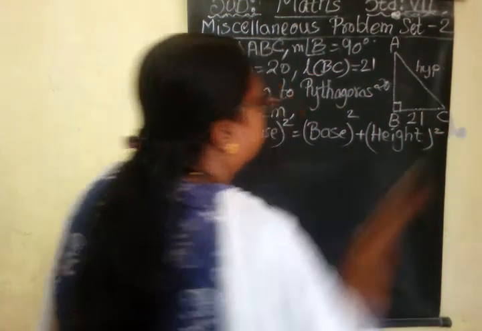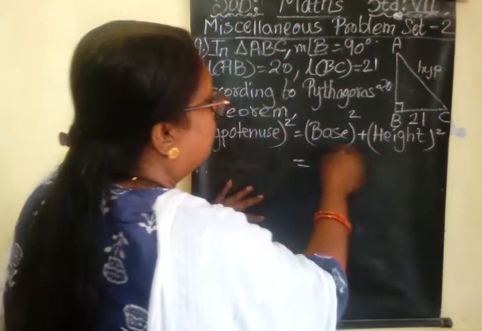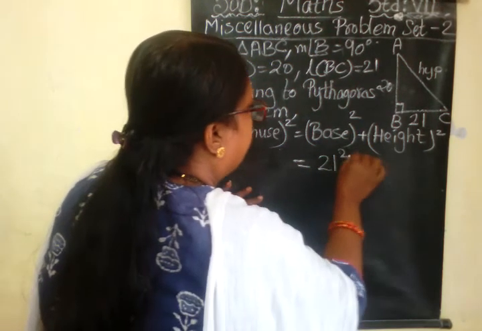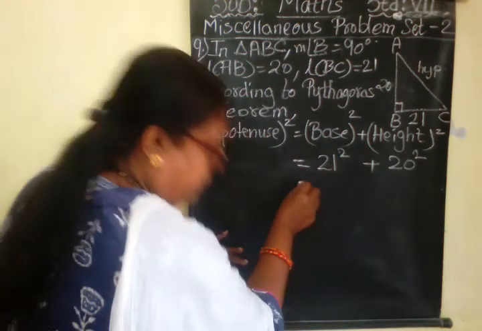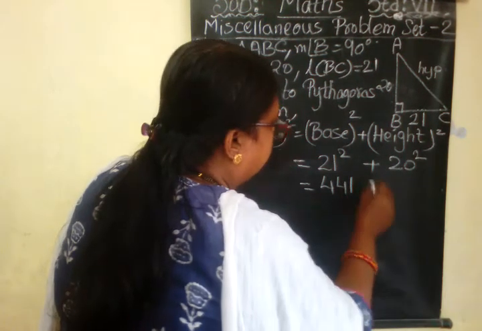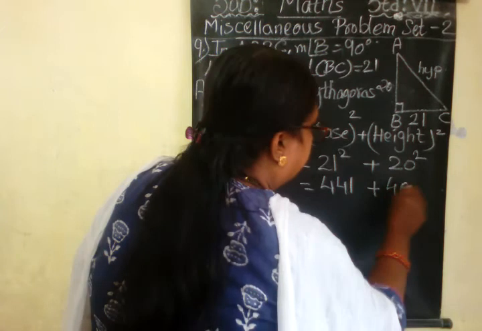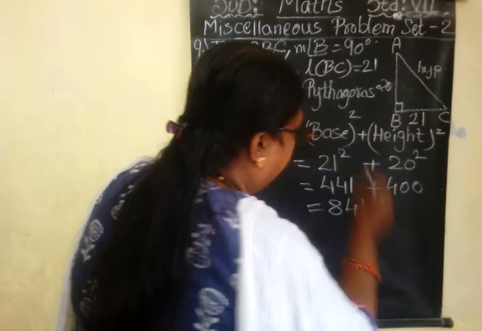square. Okay. So hypotenuse we don't know. Base is 21. 21 square plus 20 square will give us answer as 441 plus 400, that is 841.